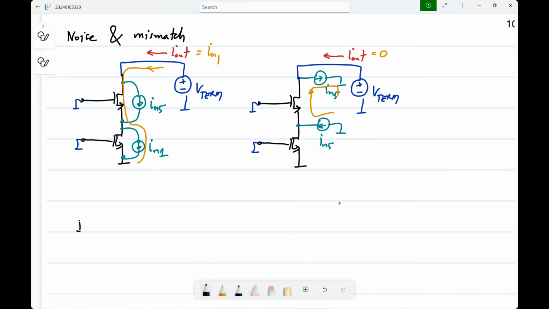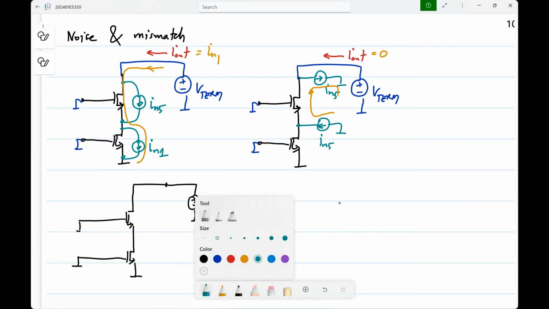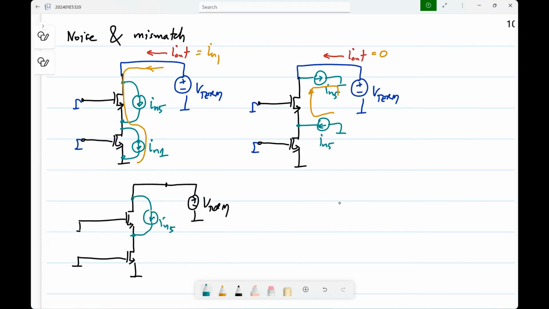So now, one question I have is, we just concluded that if you have a current source here, let's say the noise current, it doesn't appear. But what changes in the circuit?